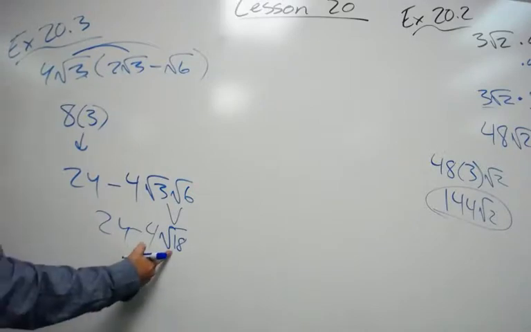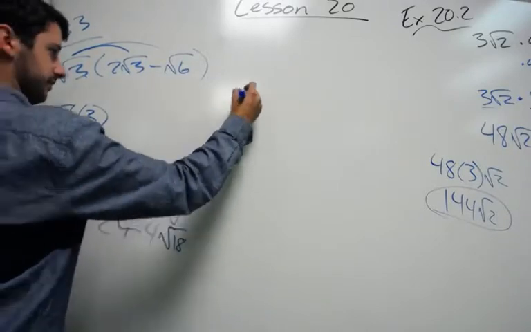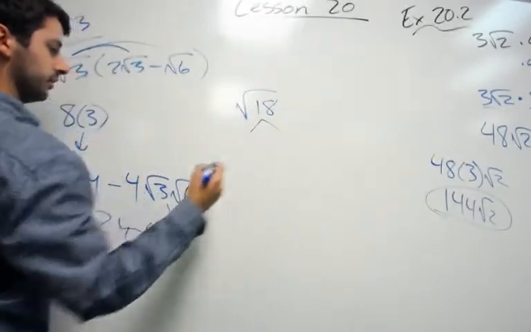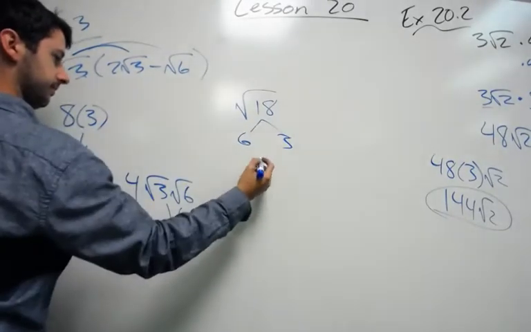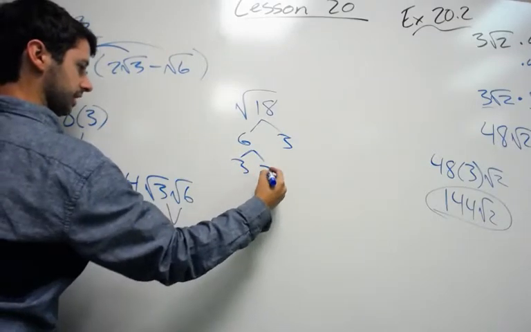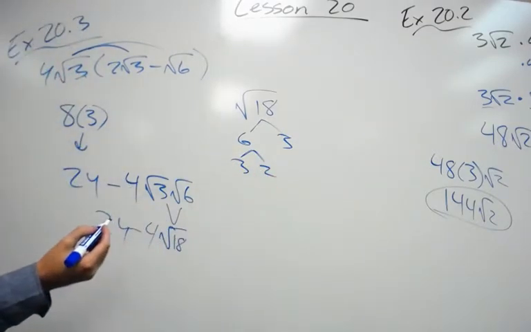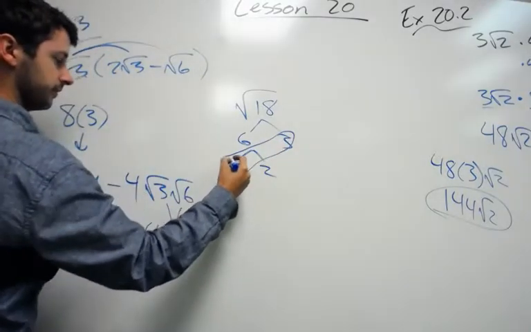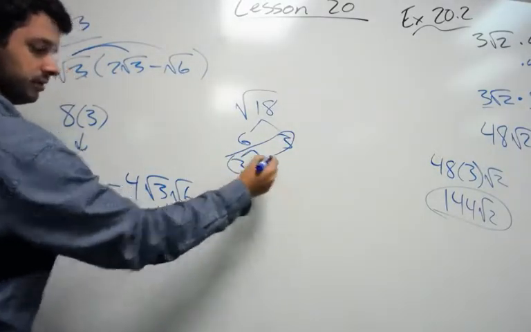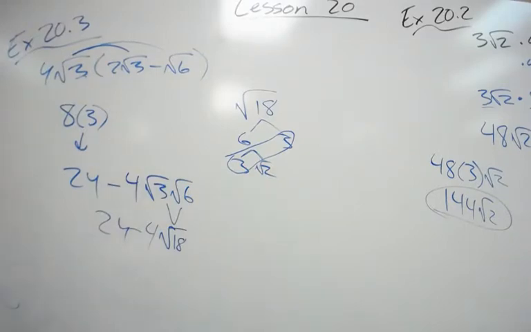Once we're at this point, square root of 18. Can that be broken down any further? Let's see, 6 and 3, 3 and 2. So yes, it could be broken down because you have 2 3's, and this would equal 3 radical 2.